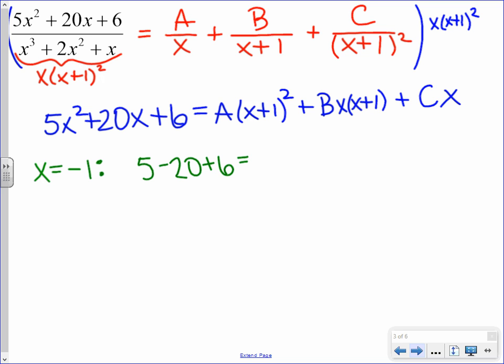If we plug in -1, -1 plus 1 squared is 0, so this is a times 0. I'm not going to write it down. Plus, -1 times 1 is 0, so this is b times -1 times 0. That goes to 0. So really, we're just left with c times -1. Okay. So let's see, 5 minus 20 plus 6 is -9. -9 is -c, so c is 9.